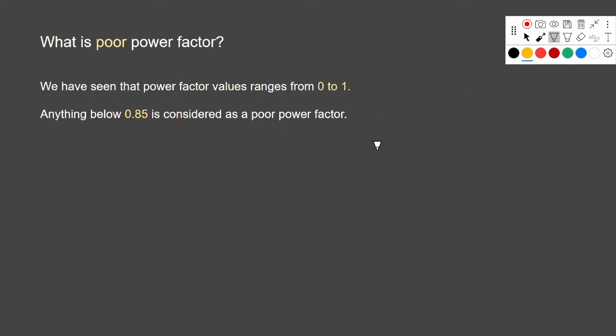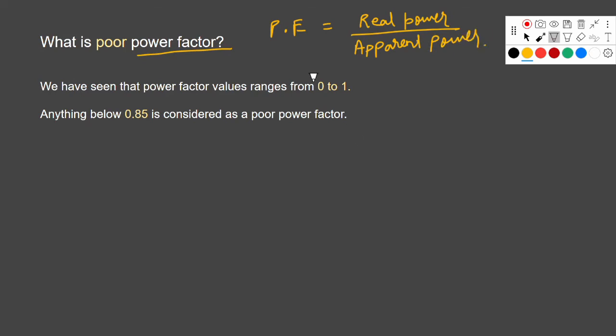Right? So we are talking about the power factor. Remember, power factor was equal to real power upon apparent power. And power factor, PF, was having a range from 0 to 1.